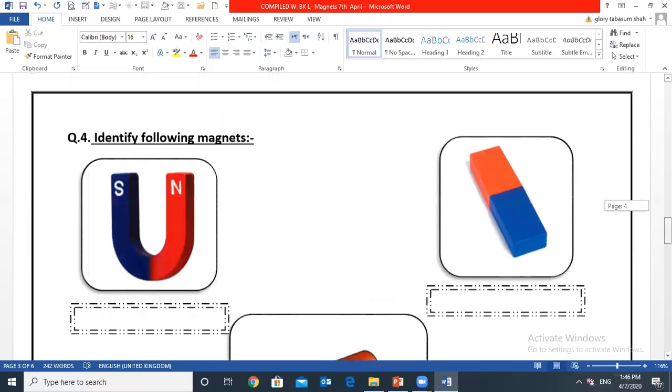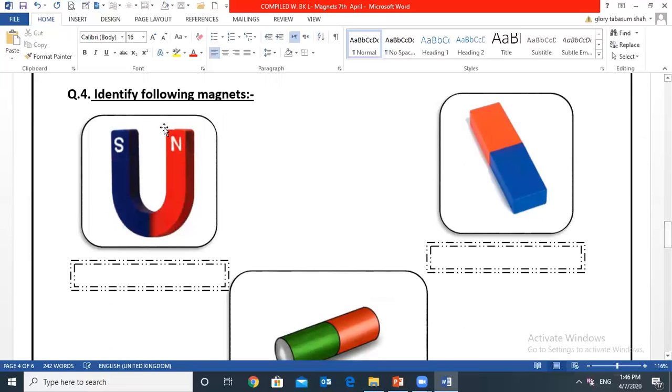Now question number 4. Identifying the following magnets.